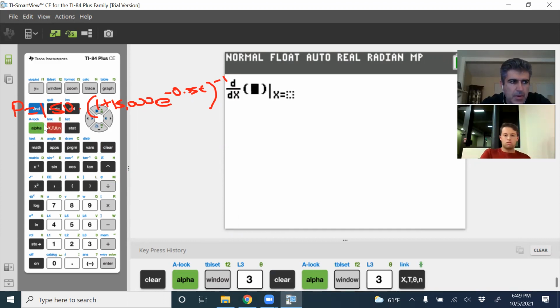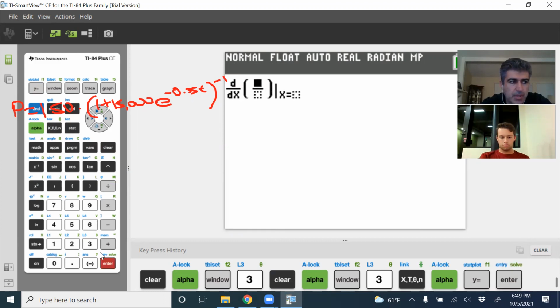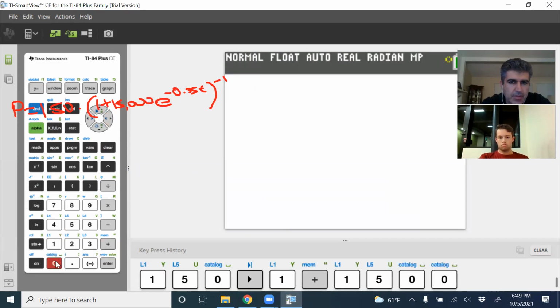And then because I want to type in a fraction, you could do a lot of parentheses and division, but if you hit alpha y equals, the first option is the fraction option, which is really lovely. Then you do 150 up top, and down below, 1 plus 15,000 second ln.